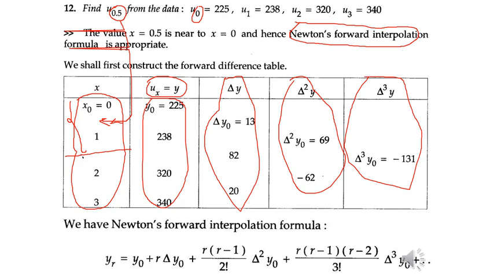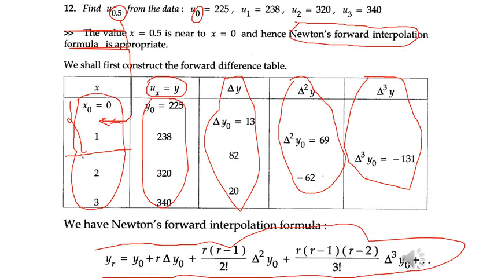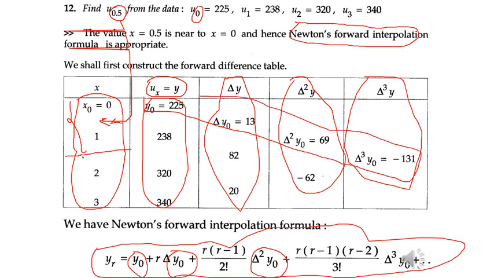This is the formula. As we all know how to evaluate this formula using the entries delta y naught, delta square y naught, which are all there, using these entries we can evaluate the formula and find the answer.